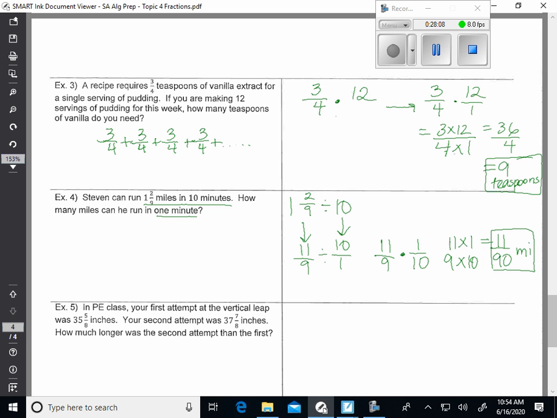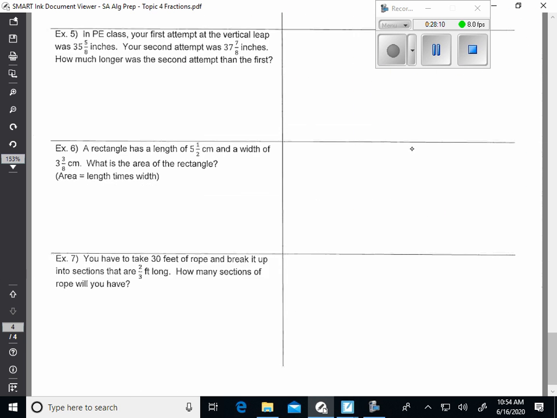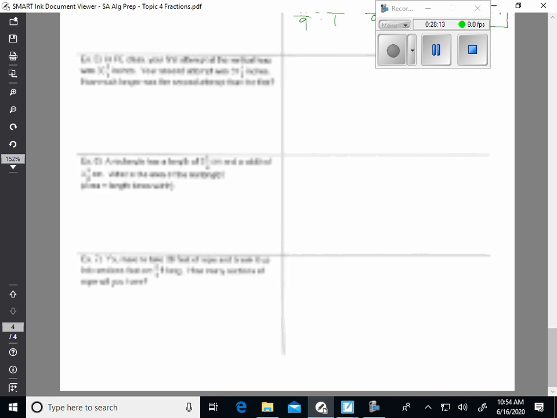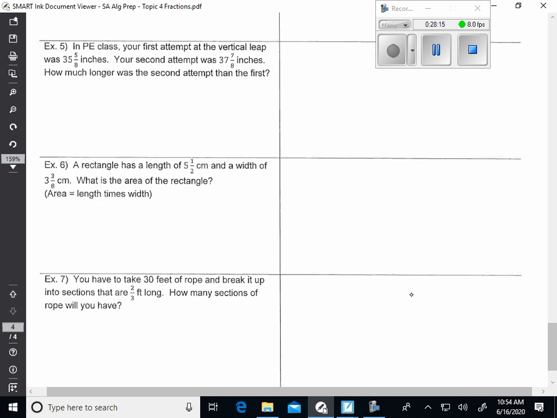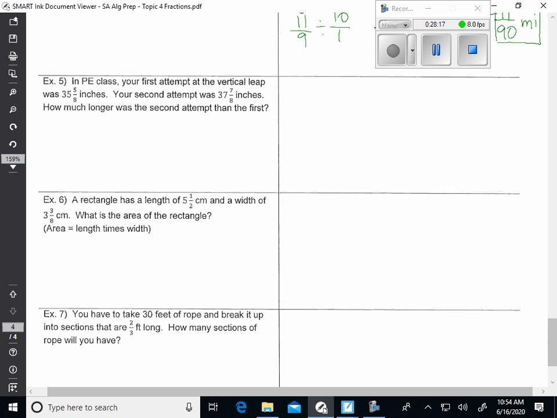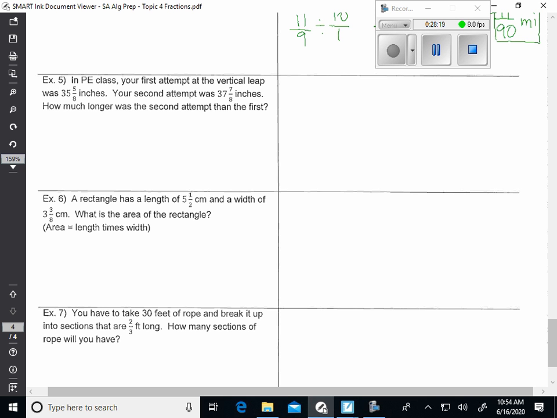So again, it's not a hard problem. It is a problem that does require you to put in a little work. Let's navigate through the last 3 word problems. Example 5. In PE class, your first attempt at a vertical leap was 35 5/8 inches.